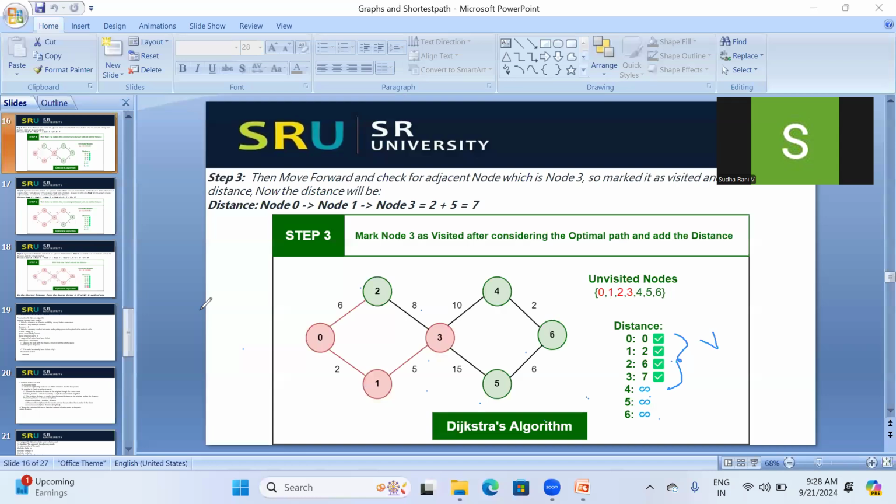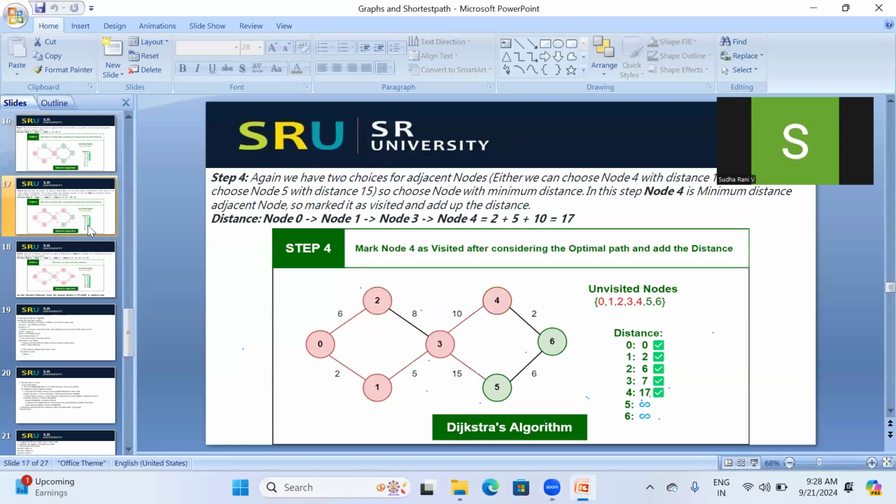Okay, now let us see the traversing. We completed node 3. Now we have to traverse to node 4. Let us see what possibilities there are to traverse to node 4. Right, so here is node 4. To traverse to node 4, again we have path 1.